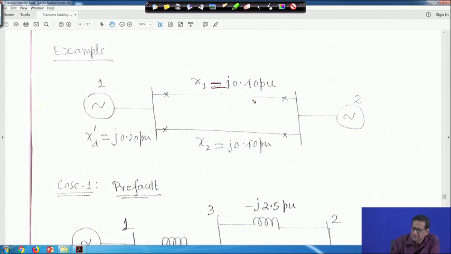So, x1, the line reactance, R is neglected, is j0.40 per unit, and it is a double circuit line, and x2 is equal to j0.40 per unit, both are the same, and this is xd dash is equal to j0.20 per unit, and this side nothing is given, right. So, we have to find out the pre-fault, fault and post-fault Y matrix.